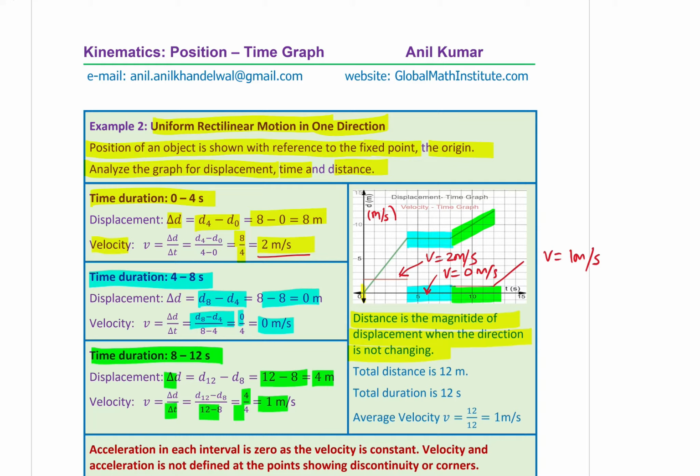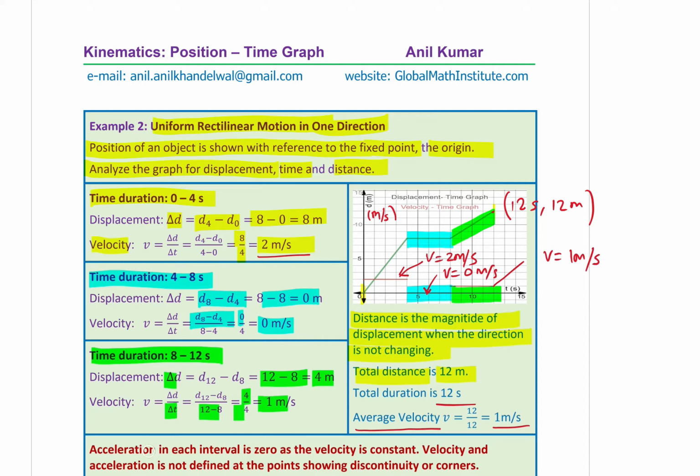So the total distance covered in this case is 12 meters from 0 to 12. So this coordinate point here is basically 12 seconds and 12 meters. The duration is 12 seconds, and therefore the average velocity in this case is 1 meter per second.